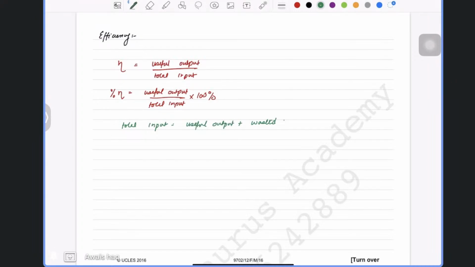One thing I want to tell you, and that's just a note that you should write as well: amongst everything, an electric heater is 100% efficient.